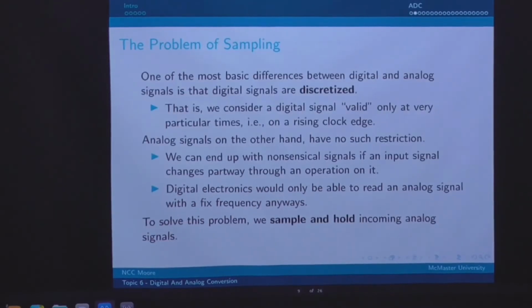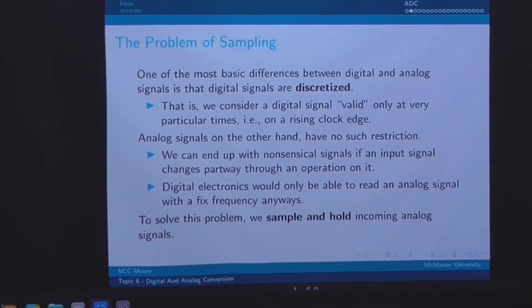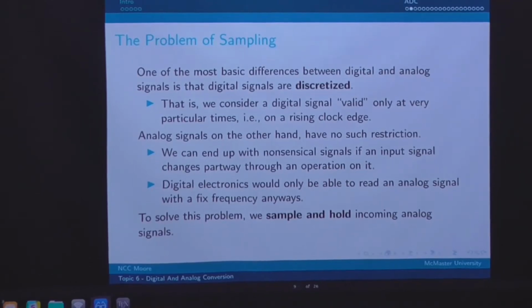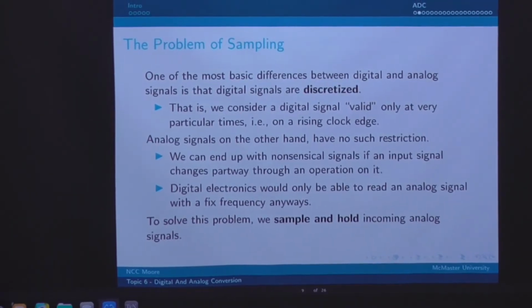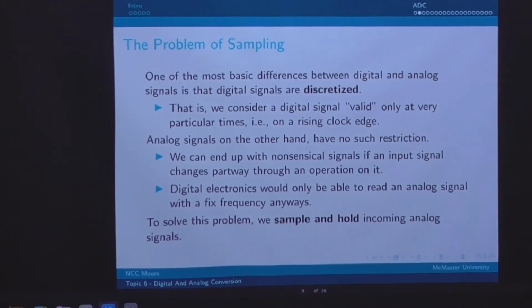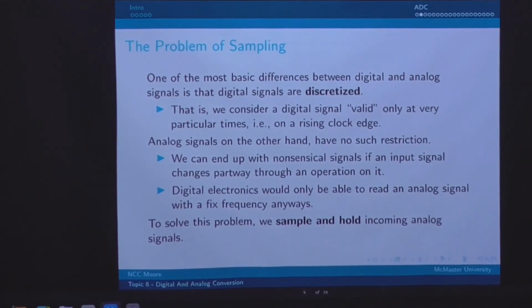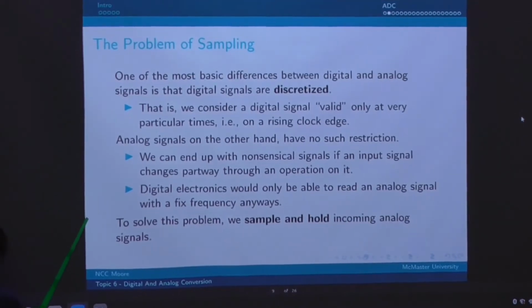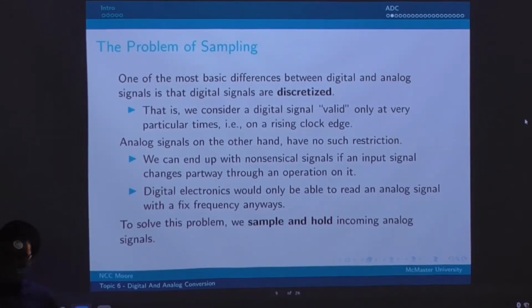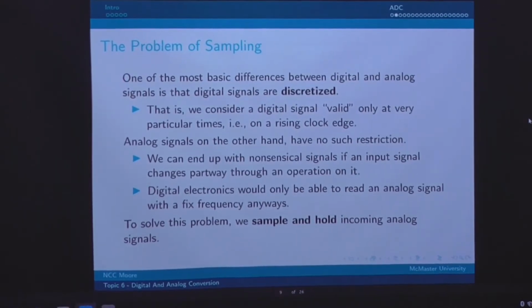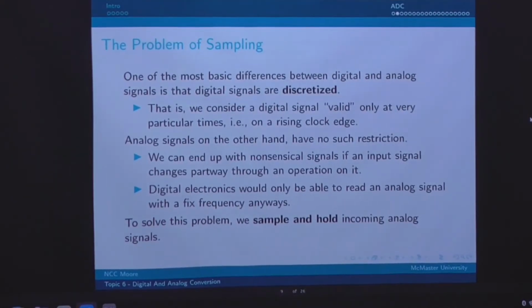Okay. So when we start talking about how to read analog signals, we are instantaneously presented with a problem. When do you take that signal?